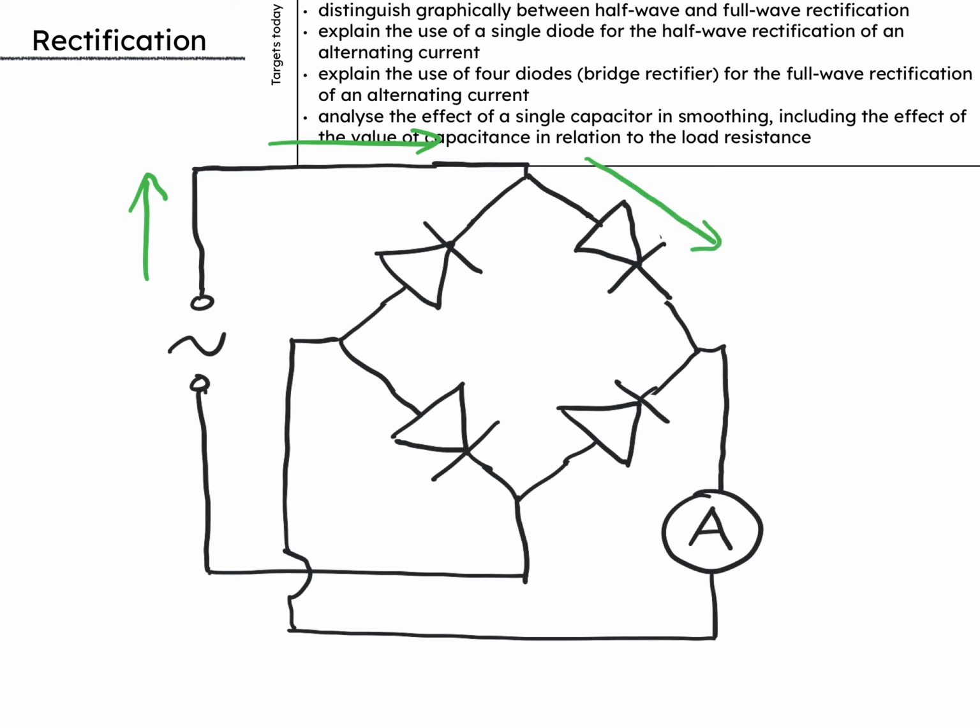Again, at this junction, the current can only flow this way, so it's going down through the ammeter. The circuit is not finished yet though, so at this junction it could go up or down, but remember that the current is also being pulled towards the other terminal, so it takes the easier route, like so. And it's back.